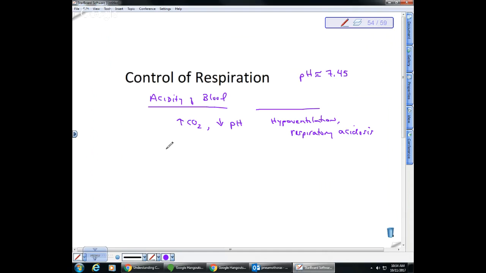And so we have the medulla oblongata, right? This is going to increase the rate of respiration. So you're going to want to breathe in. Right? And it's also going to increase heart rate. Or excuse me, not heart rate, depth of respiration. It might also increase heart rate, but what I meant to say is depth.